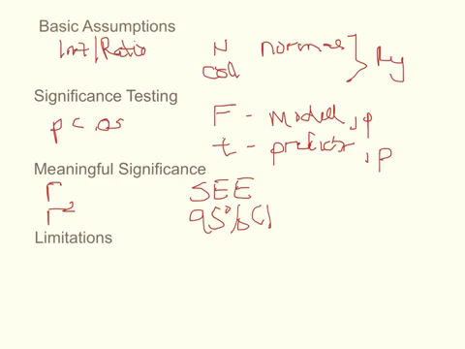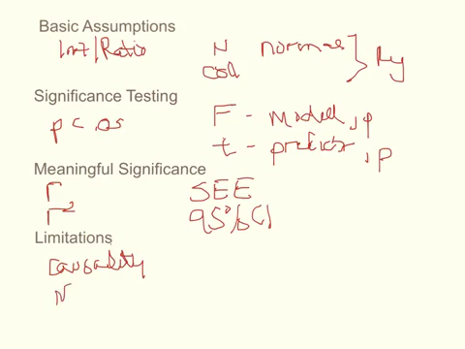Now, because regression is based in correlation, everything that we identified as a limitation to correlation is a limitation to regression. So when we identified that there was no cause and effect in correlation, that meant there is also no cause and effect in regression.